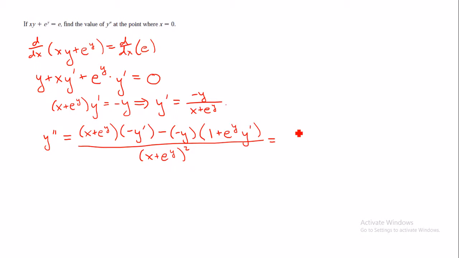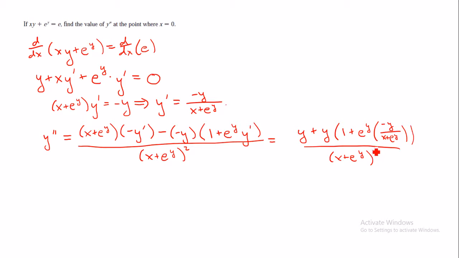So putting that all together, this first term becomes just y, which is kind of nice. So I get y plus y times 1 plus e to the y times this y prime, so now I have to put this all together, e to the y times negative y over x plus e to the y. Okay, all of this over x plus e to the y quantity squared.